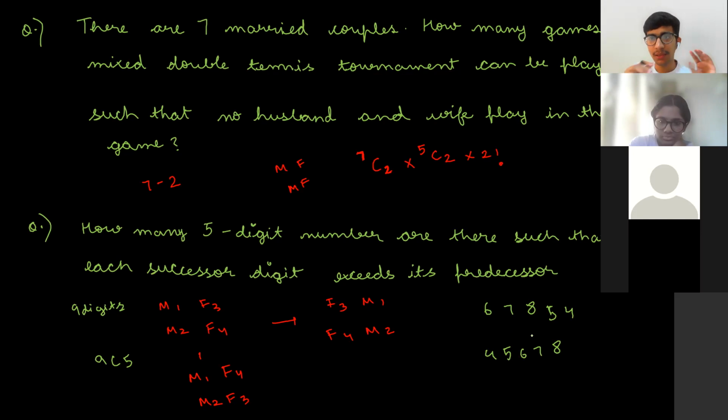Right? So the number of ways in which I can select 5 digits, because कोई भी मैं case ले लूंगा तो उसके लिए only one case is possible. कि I select 5 digits and I arrange them in the ascending order. That's the only case possible. So no arrangement possible now. So the answer will be only those cases in which I can select 5 different digits from the 9 digits. That's all.